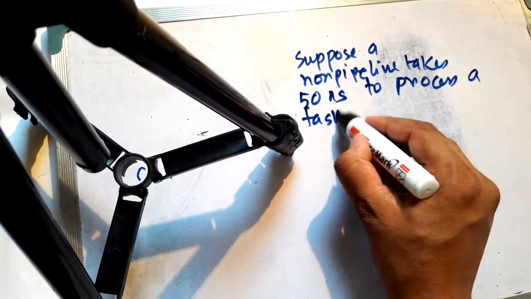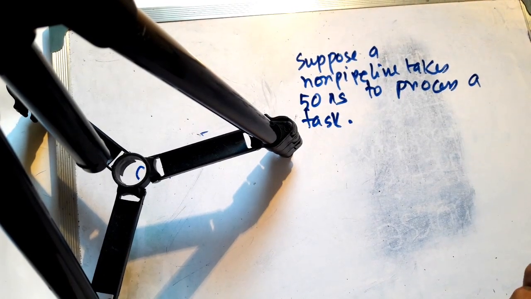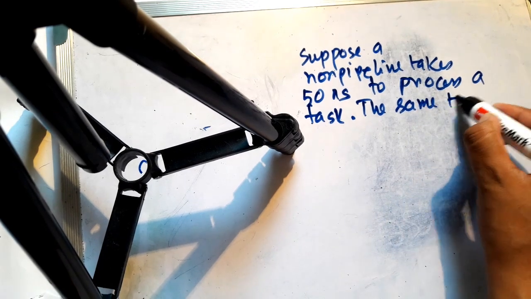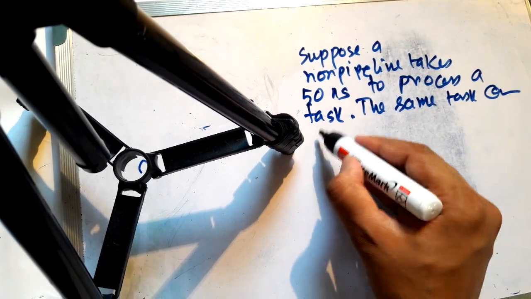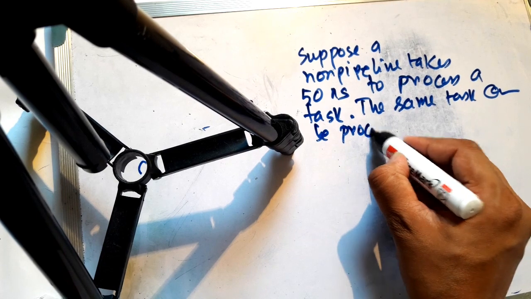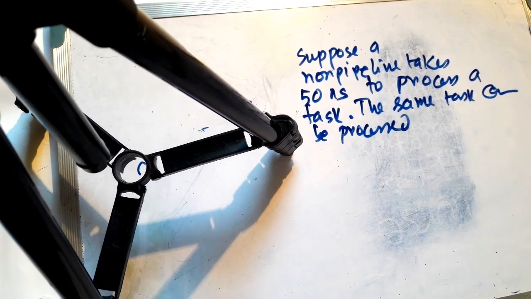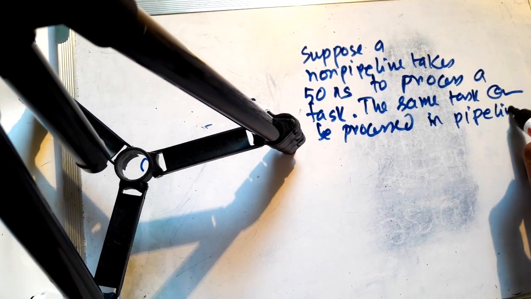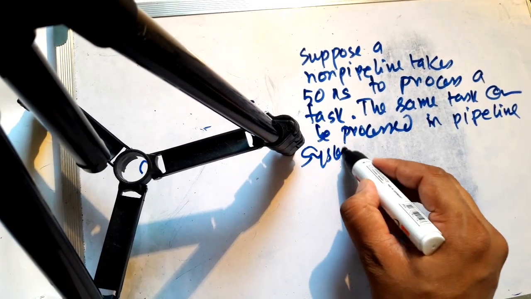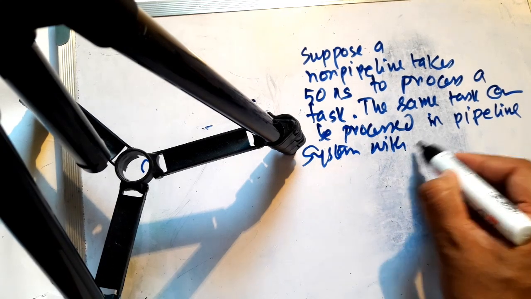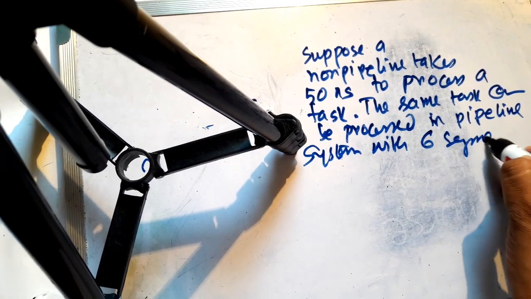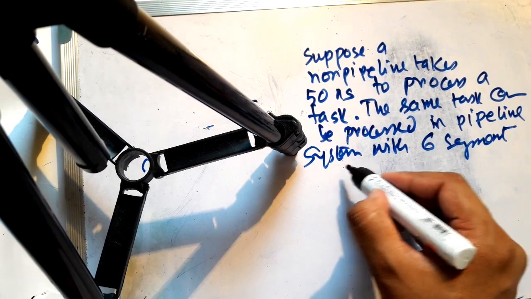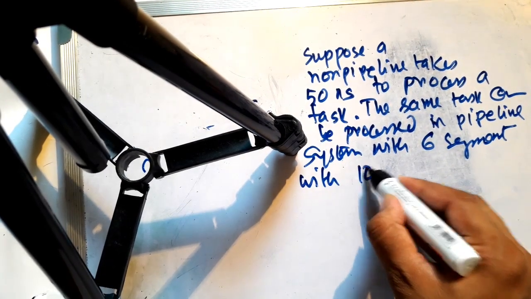The same task can be processed in a pipeline system with 6 segments. We know that the pipeline has 6 segments, with a clock time of 10 nanoseconds.